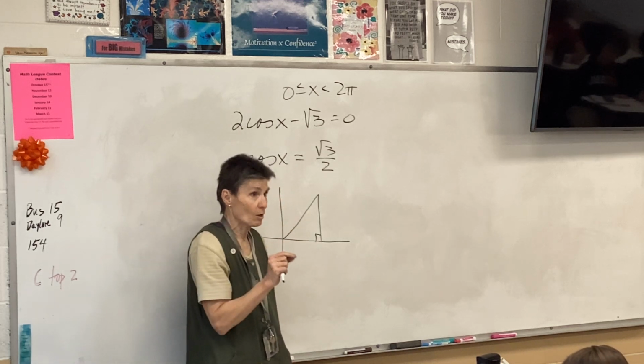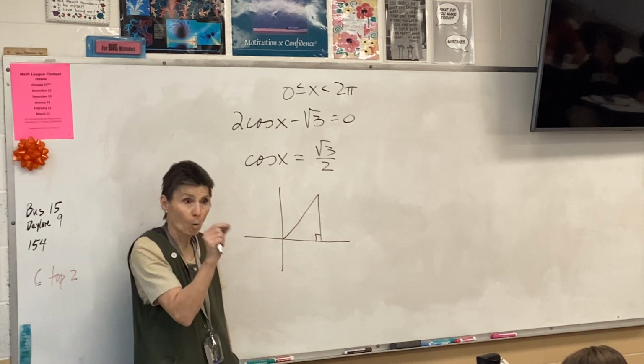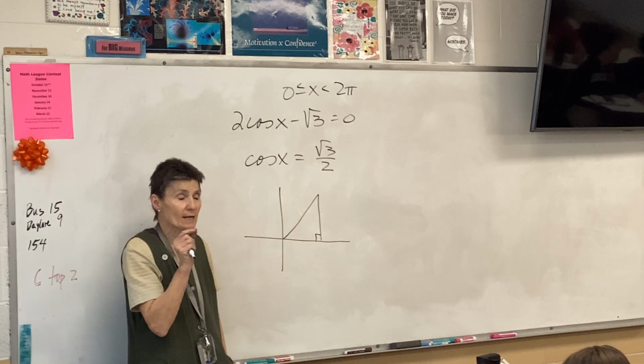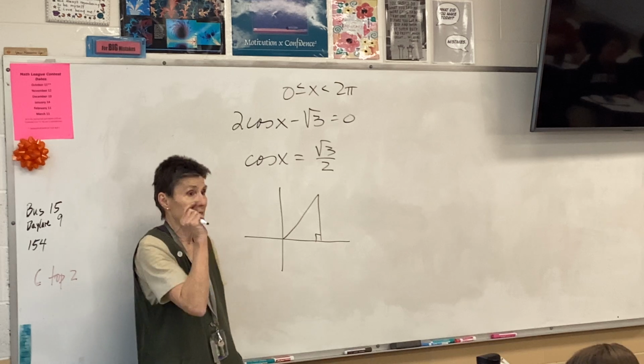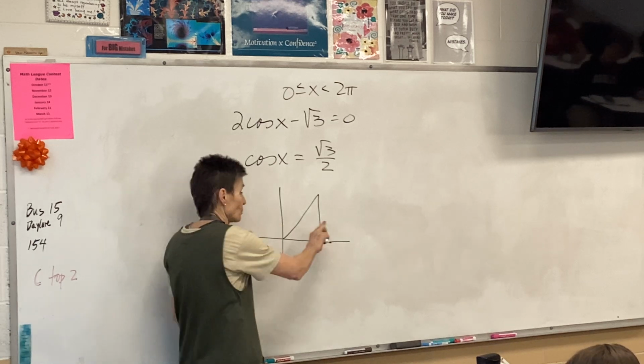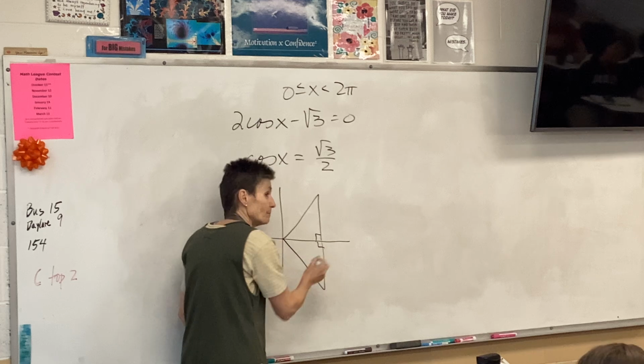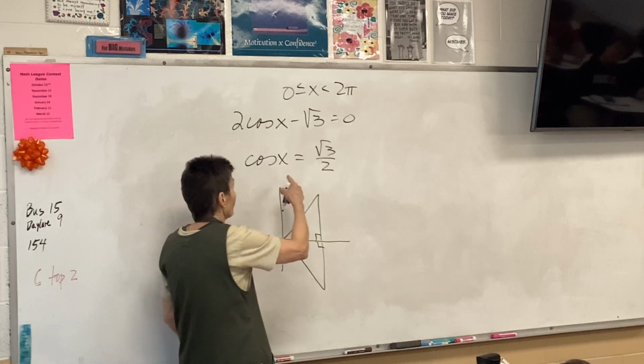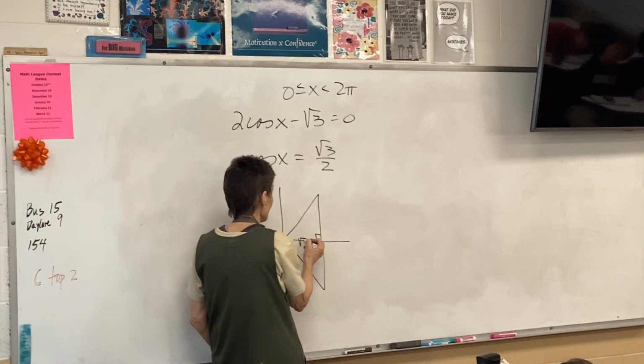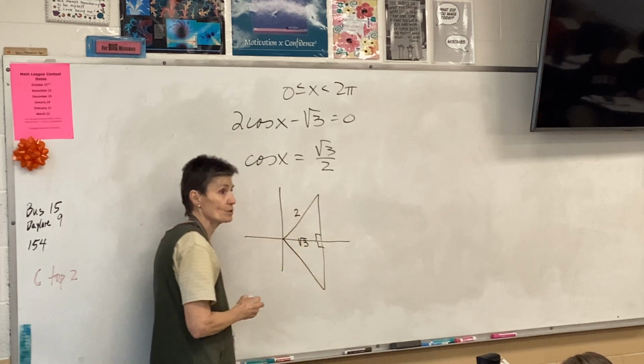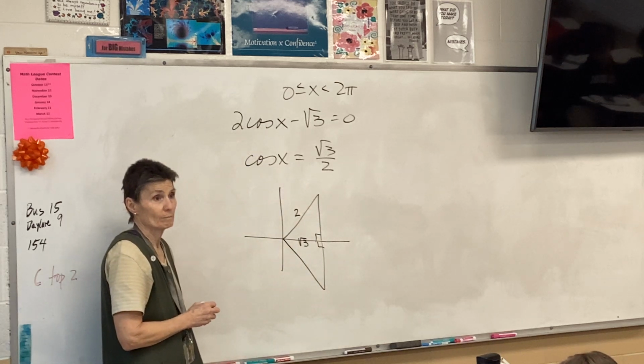Cosine is x over r, x. Sine is y over r, y. If cosine is positive, then x is positive. And this is where x is positive, right? Yeah. Now, whatever it is, the adjacent over hypotenuse is root 3 over 2.